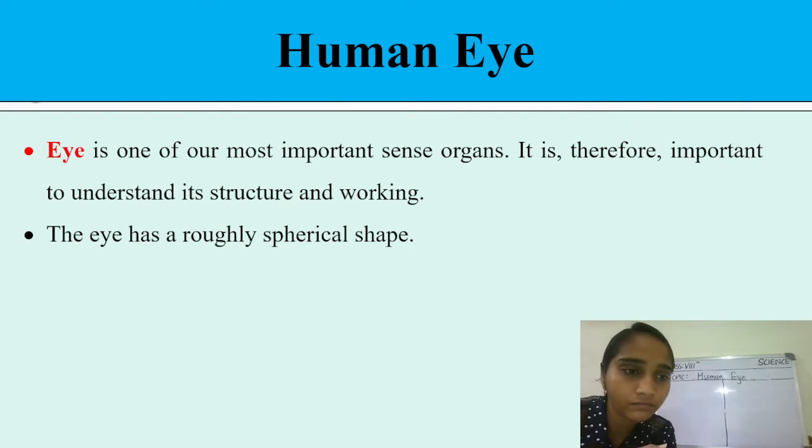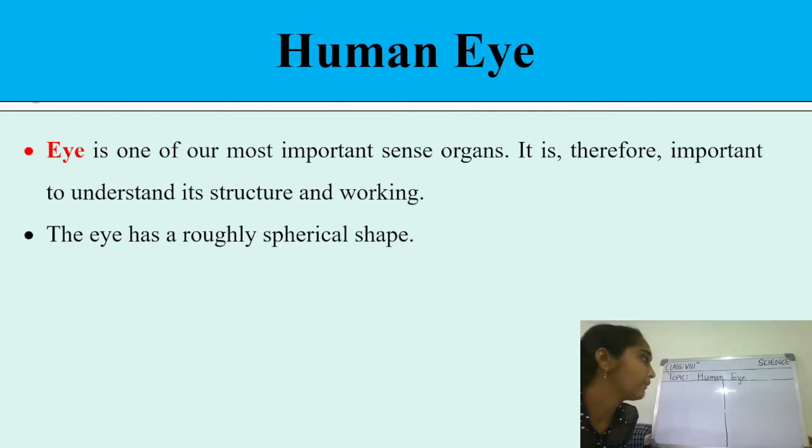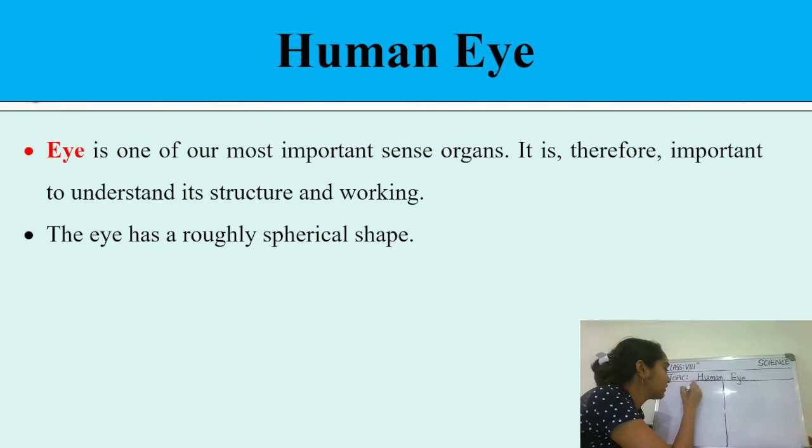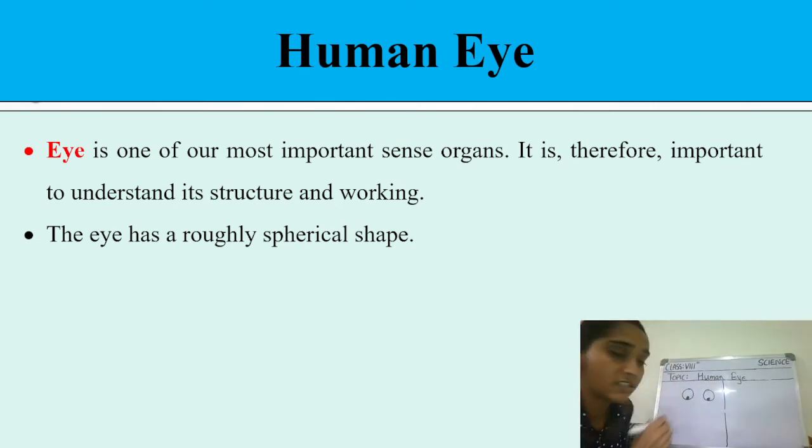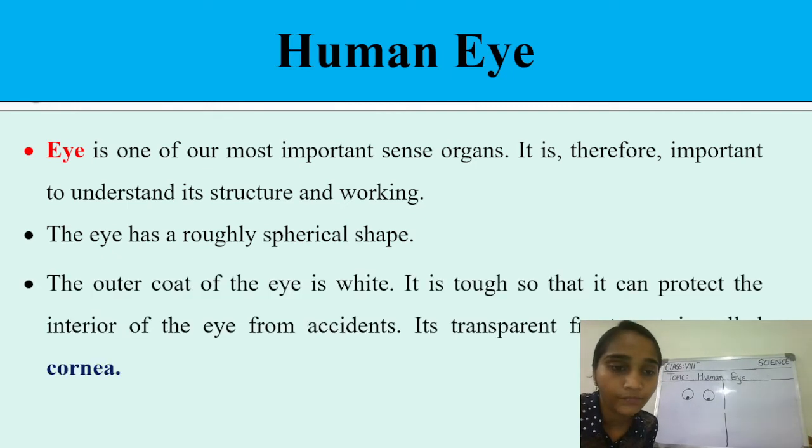If I ask you to draw an eye, you will do it like this, right? You will make an eye with a roughly spherical shape. The outer coat of our eye is white and tough so that it can protect the interior of the eye from accidents, and its transparent front part is termed the cornea. The transparent front part, this is the cornea.